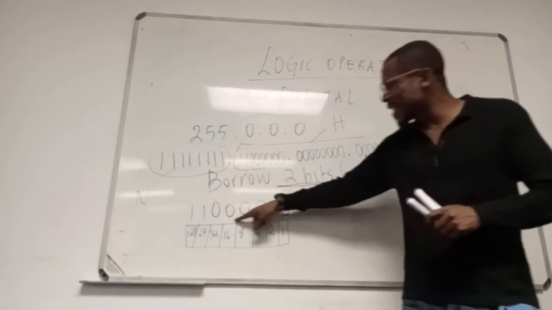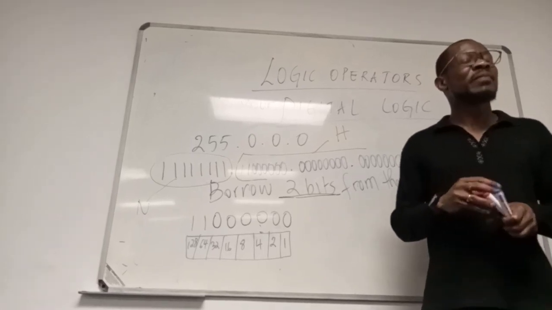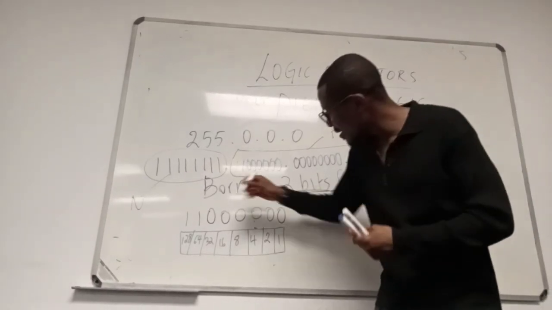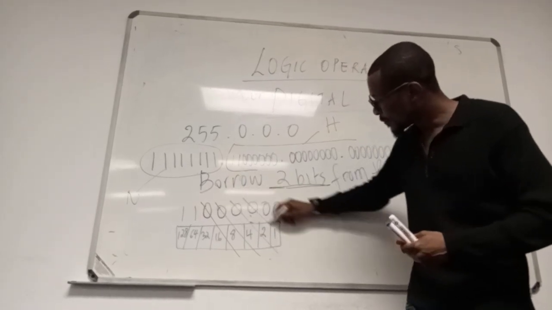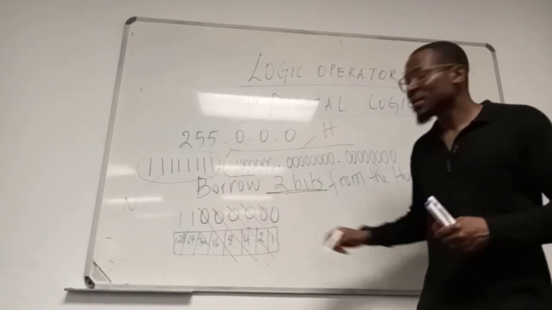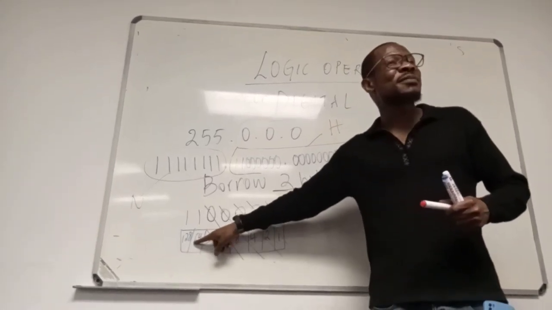But these ones are zeros, which means you have to cancel them. You cannot consider them. From 32 on, it's out. So we remain with 128 and 64.